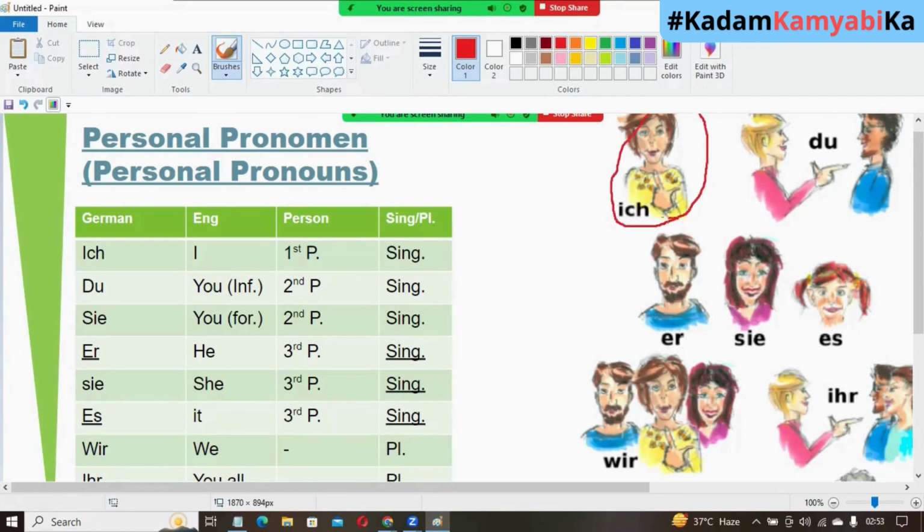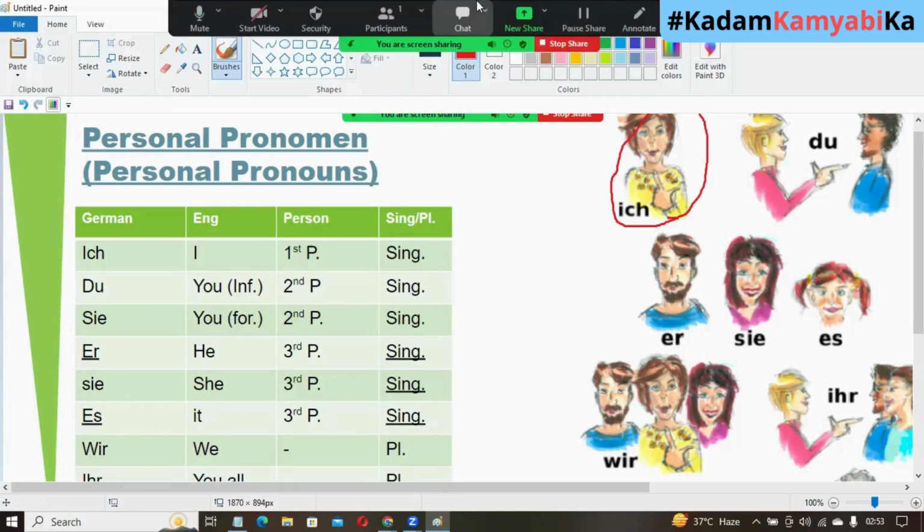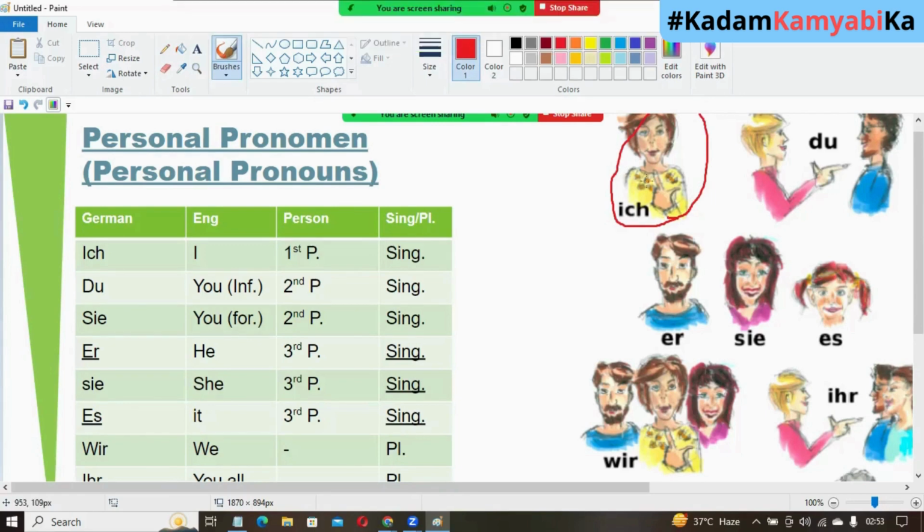Ich, that means you are referring to yourself, that is one person. If you are referring to one person, which is yourself, then it will be first person and singular. So it is ich.